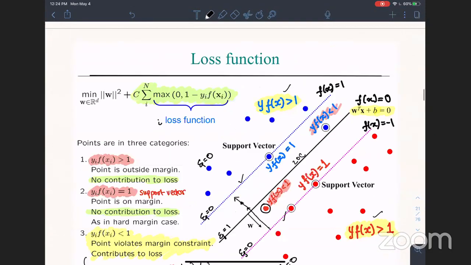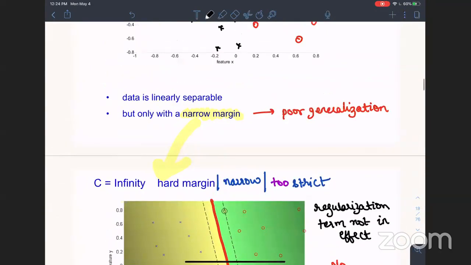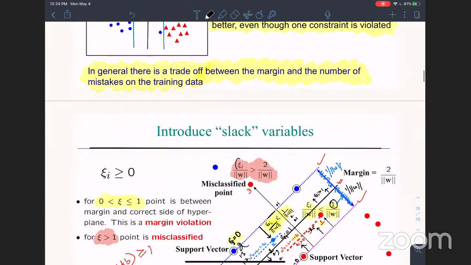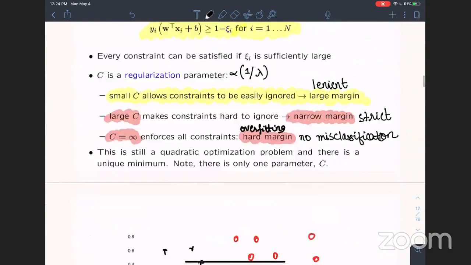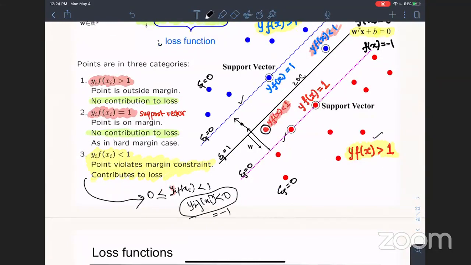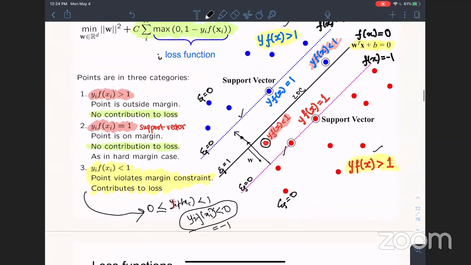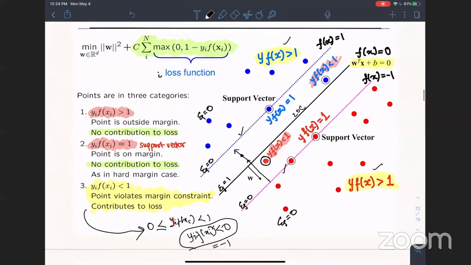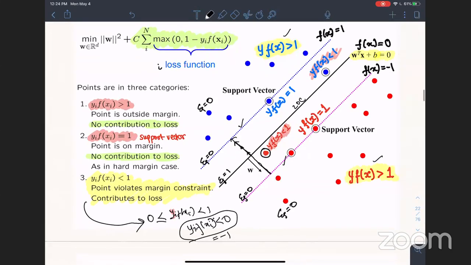Remember this red point at the top, eta I is greater than 2. If y_i(fx_i) is equal to minus 1, that means you have 1 minus minus 1, which is 2. That means your distance from this plane is now 2 upon w. The moment you have crossed less than 0, you are in violation.